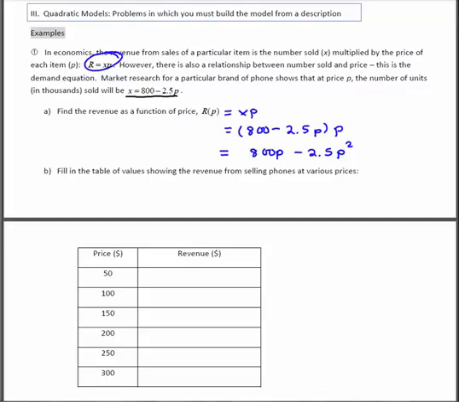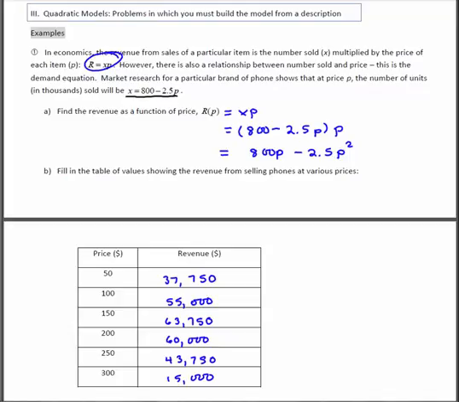And when I did this, I got the following values. $37,750 at a price of $100, $55,000 in revenue at a price of $150, $63,750. If we charge $200, revenue becomes $60,000. At a price of $250, $43,750. And at a price of $300, it becomes $15,000.